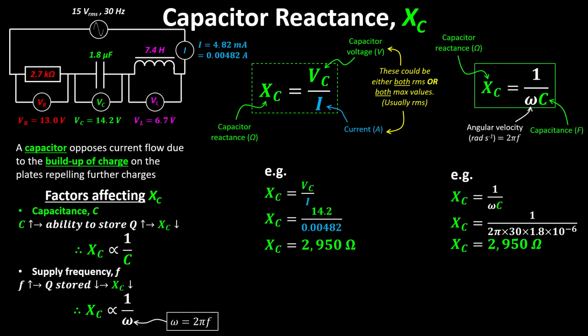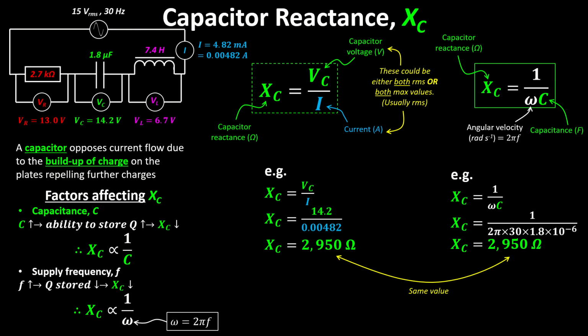If you do that calculation, you find that the reactance is 2,950 ohms, which is exactly the same as we had from the other calculation. So those are two different ways that you can calculate capacitor reactance depending on the information that you have. You can calculate it either from voltage and current, or from frequency and capacitance. Often you would have to combine those two calculations together.